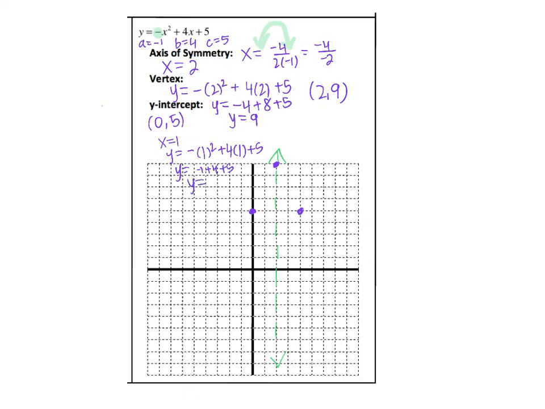So negative 1 plus 4 is 3, and 3 plus 5 is 8. So that gives me the point (1, 8). So putting that on our graph, I have 1, 2, 3, 4, 5, 6, 7, 8. And then I can reflect that on the other side. And then I have my 5 points.